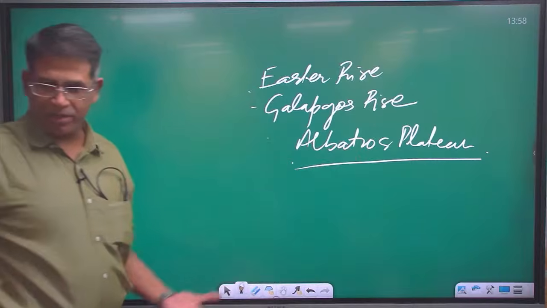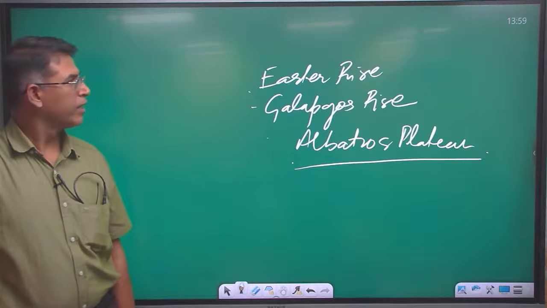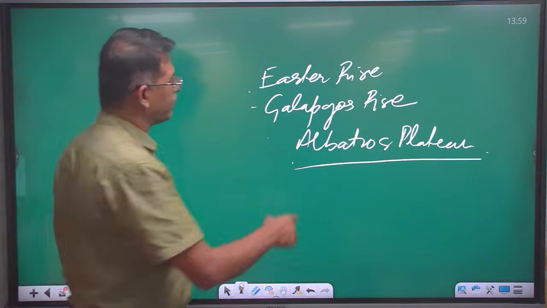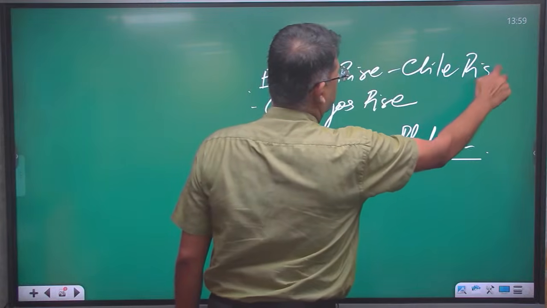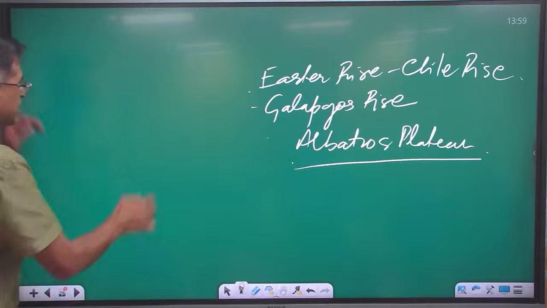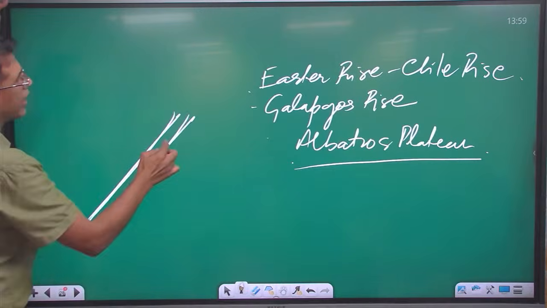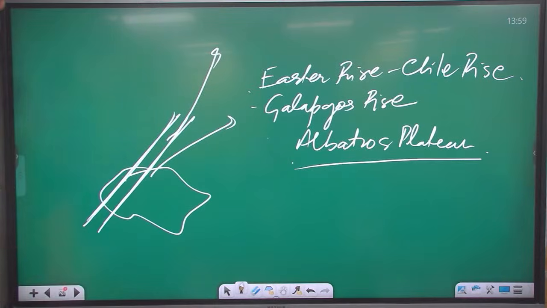Massive elevation block है, it's called as the Albatross plateau. Okay, yes, you have Easter Chile rise, Galapagos rise, ये arms है. So if this is the Mor system here, एक आर्म ऐसे चला जा रहा है, एक आर्म ऐसे जा रहा है, एक elevation part यहाँ पर है. Like the Easter rise, the Galapagos islands हैं towards the north, and we have the Albatross plateau.